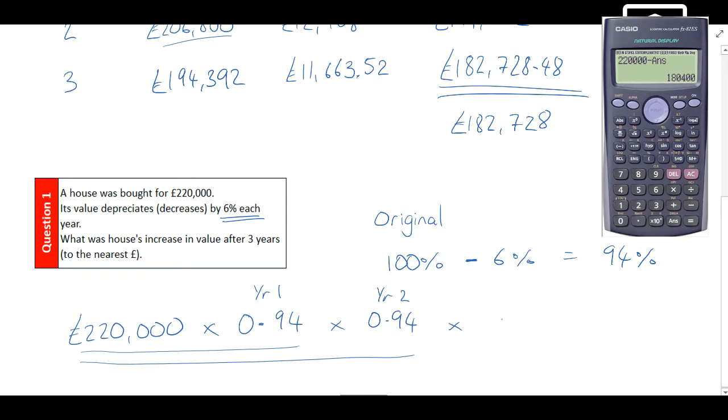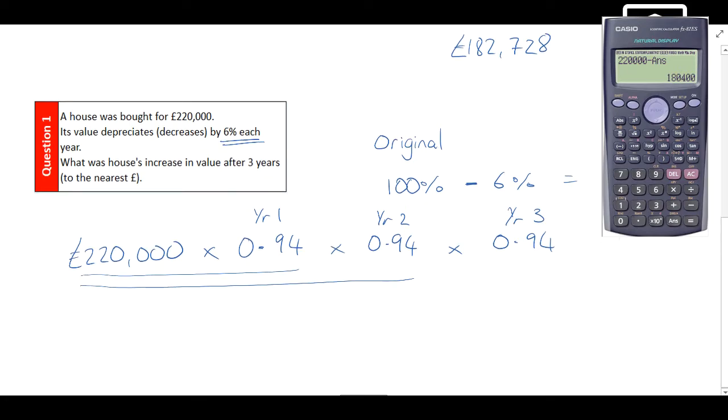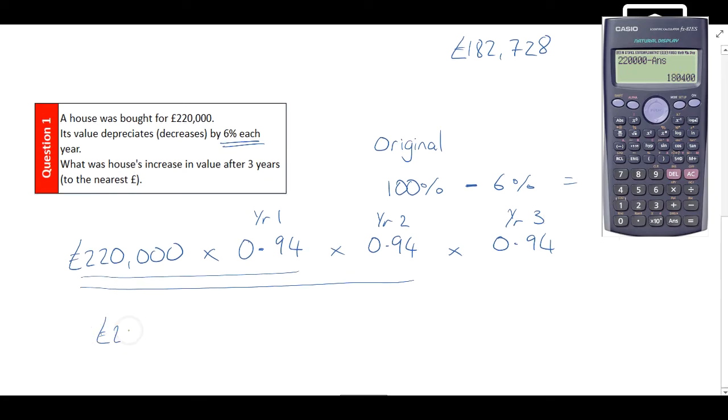And then if I multiply it by 0.94 again, that's going to tell me what it's worth at the end of year 3. So actually what I could do is just do 220,000 multiplied by 0.94 to the power of 3, which is the number of years. And if I did that on my calculator, I should get the same answer.